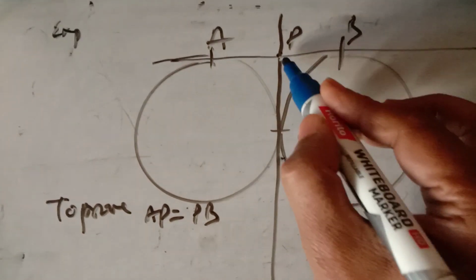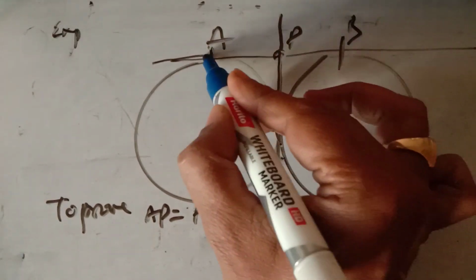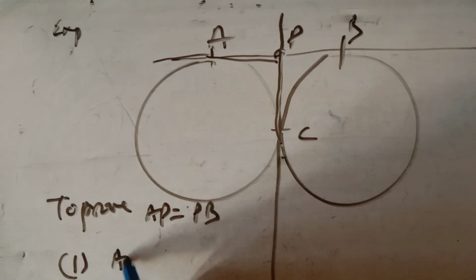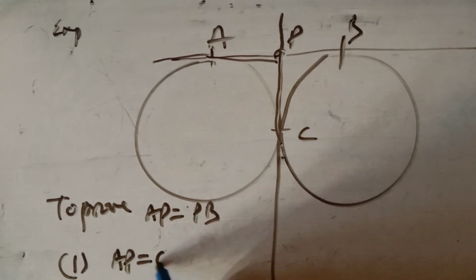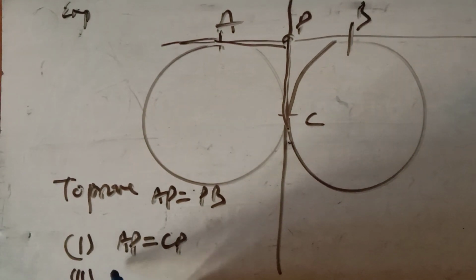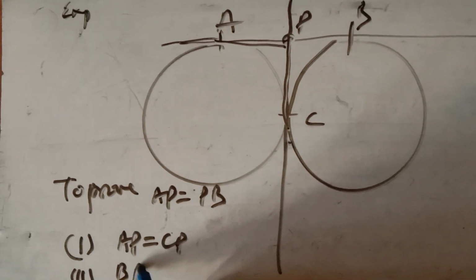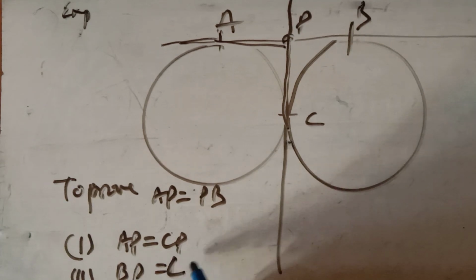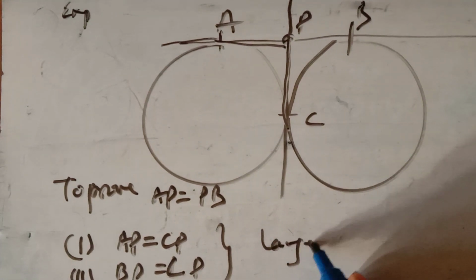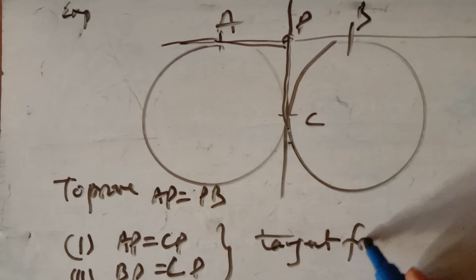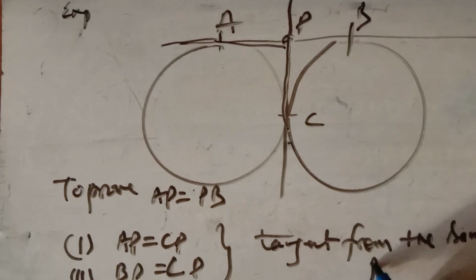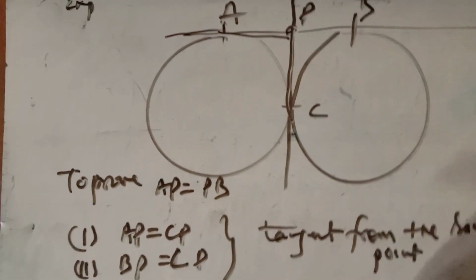Now we know that P is an external point with tangents to the same circle, so we can say that AP is equal to CP, because tangents from the same point to a circle are of equal length. Similarly, BP is equal to CP, again because tangents from the same point to a circle are of equal length.